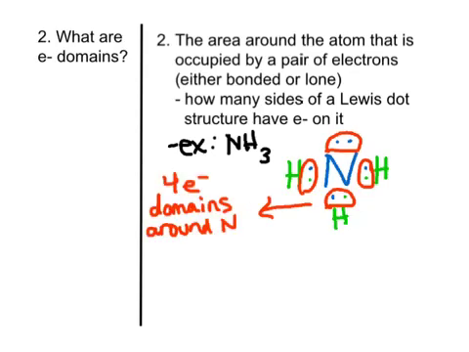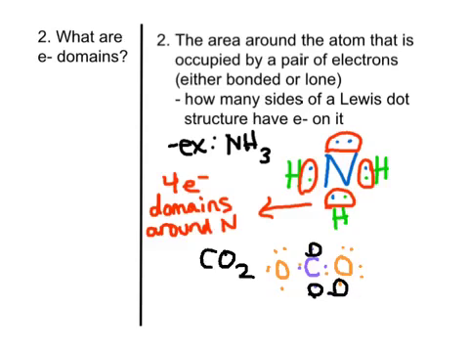If we take a look at a second example, CO2, let's see how that's going to work. We have carbon in the middle with 4 dots, and we've got 2 oxygens that are going to be bonded to it, each with its 6 dots: 1, 2, 3, 4, 5, 6, and 1, 2, 3, 4, 5, 6. Right off the bat we can see that we've got some unpaired electrons, and we can't have those in a Lewis dot structure.